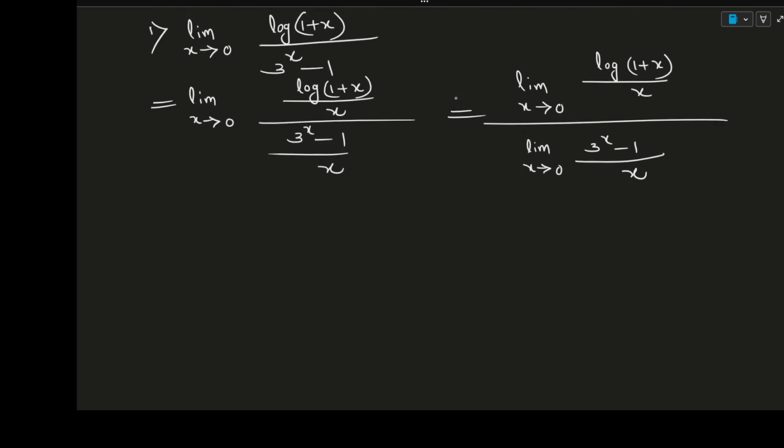It is the standard result that we have derived above, so it will be 1. So the limit of the numerator function will be 1, and in the denominator it will be log e to the base 3. One can write it ln 3.